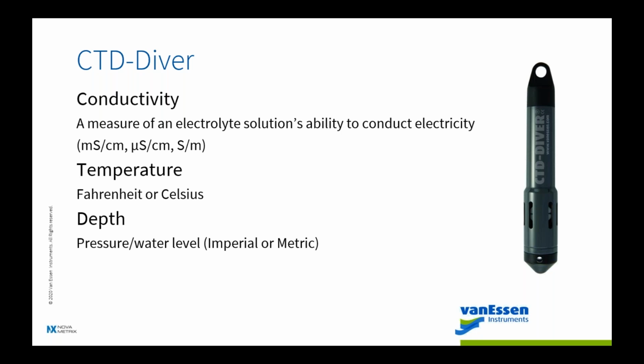Our temperature is measured in either Fahrenheit or Celsius. The depth is a direct translation of pressure to water level within the software, and it's really the water column above the pressure transducer, which is where you can see the etched line on the CTD-Diver. Available units of measure are both imperial and metric.